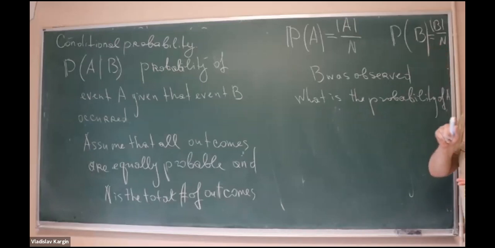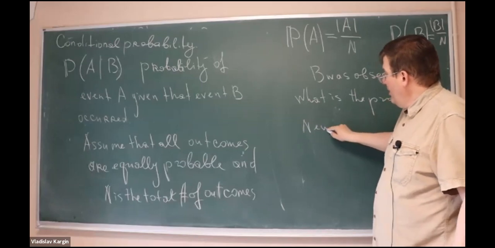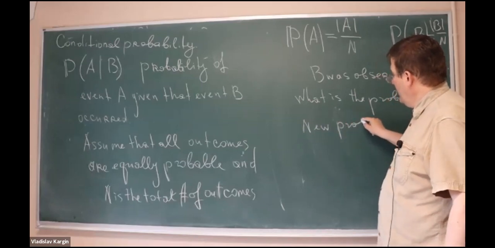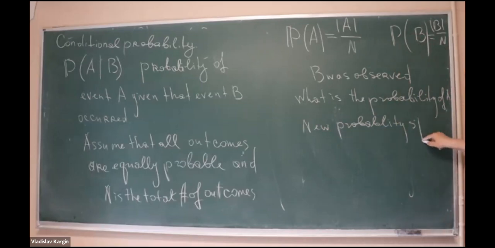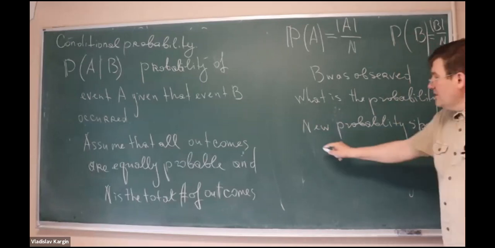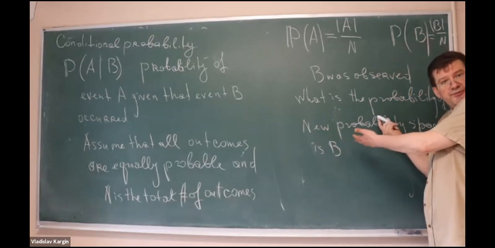You don't know which specific outcome realized, but you know that some outcome realized which is consistent with your hand, with what you see in your hand. And so the new probability space is this set B. It's all outcomes which agree with what you see.